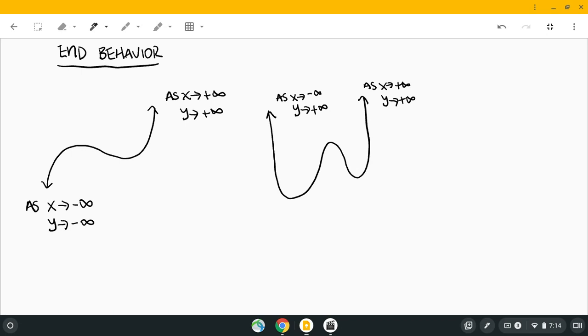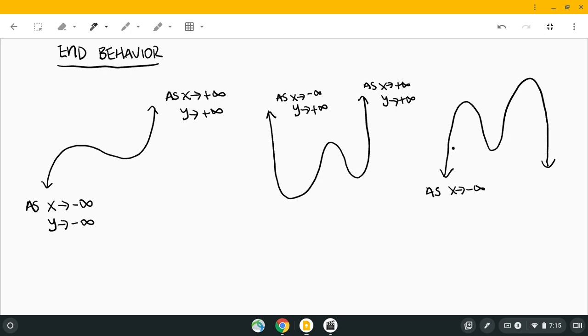Okay, and let's take a look at one more. Suppose I have that. So let's take a look at the left hand behavior. Left hand behavior is as x goes towards negative infinity. So what happens to our graph when our x's go towards the negatives?